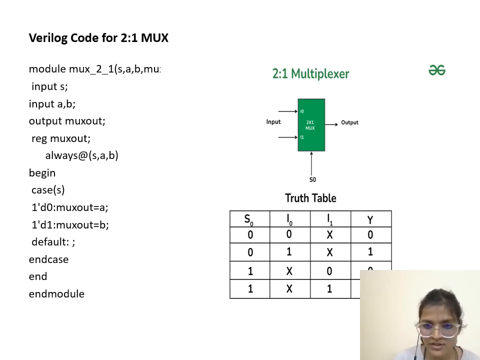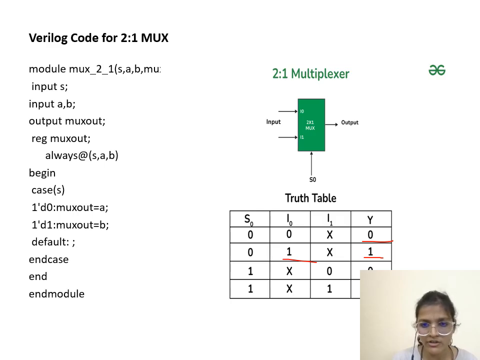So in the case of 0, I0 is selected. Whatever the value of I0, it will be taken as the output. Here I0 value is 0, so the output is 0, and I0 value is 1, so the output is 1.